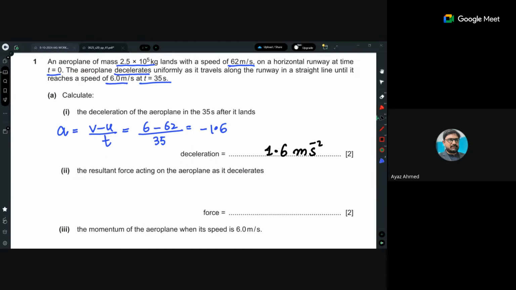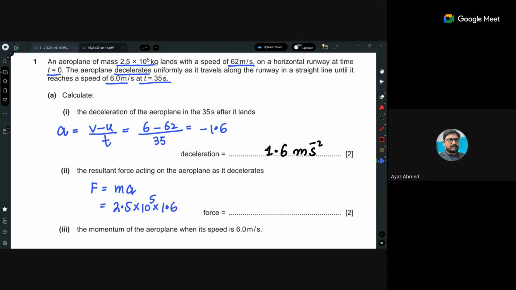Then the resultant force acting on the aeroplane. When you talk about the resultant force, that force is equal to mass times acceleration. So the mass given to you is 2.5 into 10 raised to the power 5 kg times the acceleration, which is 1.6.